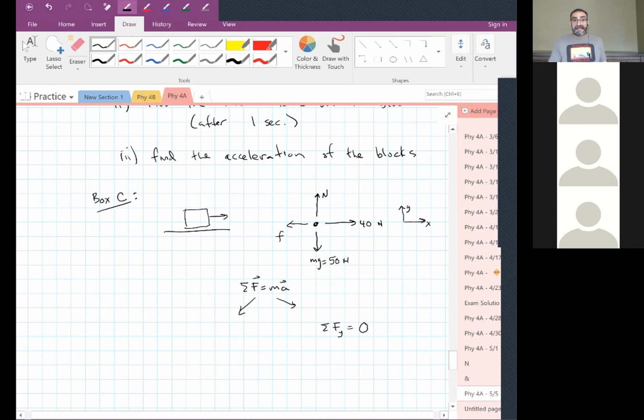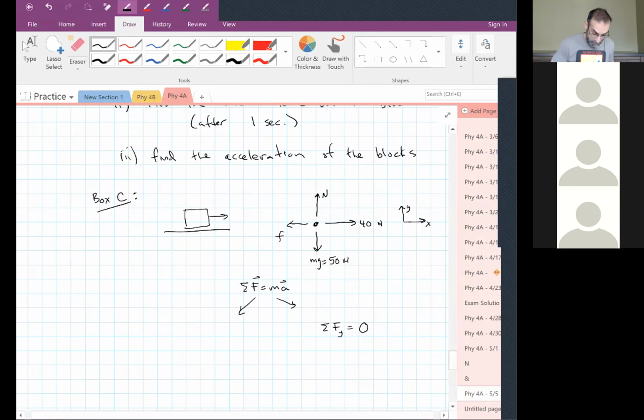Zero, because the box doesn't jump up off the ground or anything, right? It never moves in the Y direction. So the sum of the forces has to be 0. Why do I do the Y direction? To figure out what the normal force is, right? This gives me the normal force.